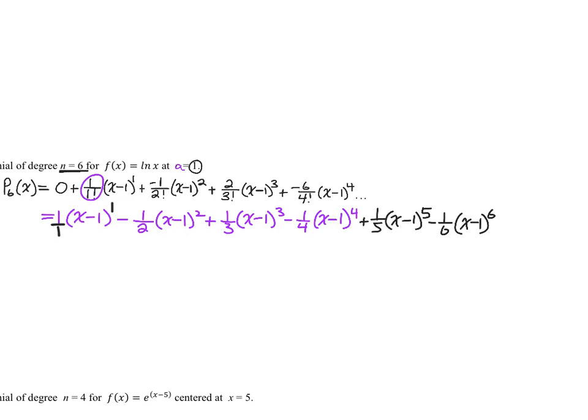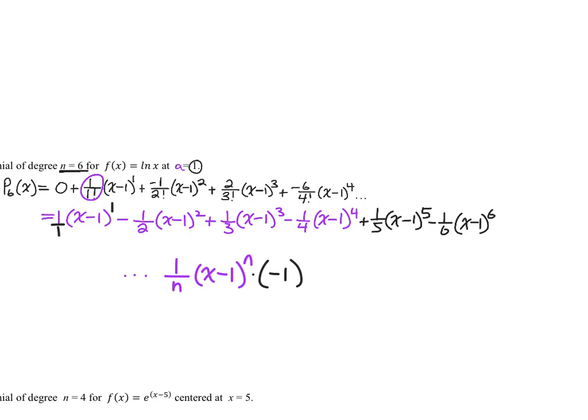So if I wanted to, and eventually I will, I could say 1 over n times (x minus 1) to the nth would be an expression that could represent any term of this expansion. However, that would only give us the values themselves. It wouldn't give us the signs. So all I would need to do is multiply this by -1 raised to a particular power.